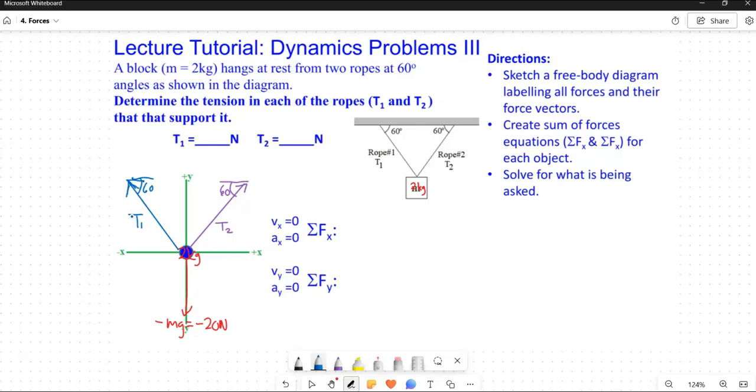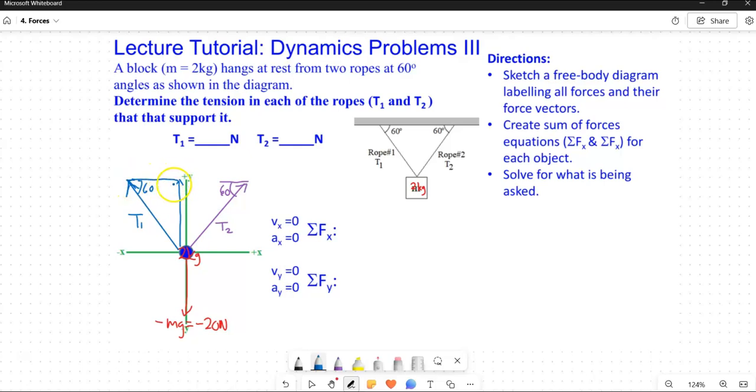Now that we've got that started, the first thing we have to do is break up T1 and T2 into their X and Y directions. Since there's two of these, we're going to have to do this twice. So this is going to be T1. We're making our triangle around our diagram, and I'm going to try to encapsulate this guy here.